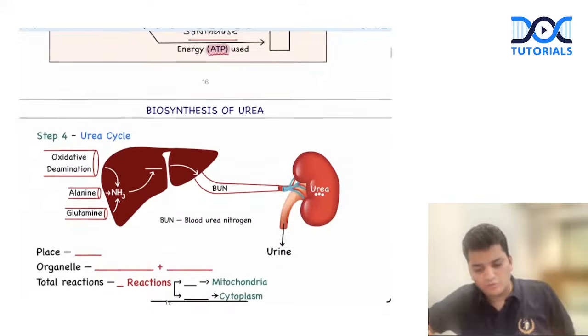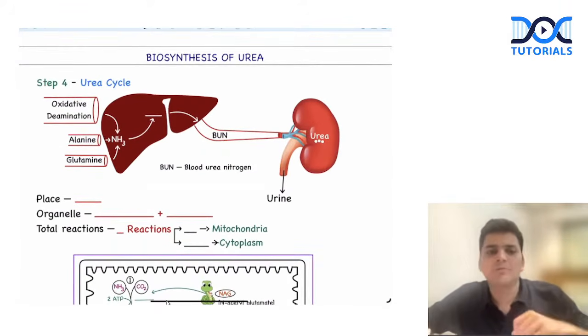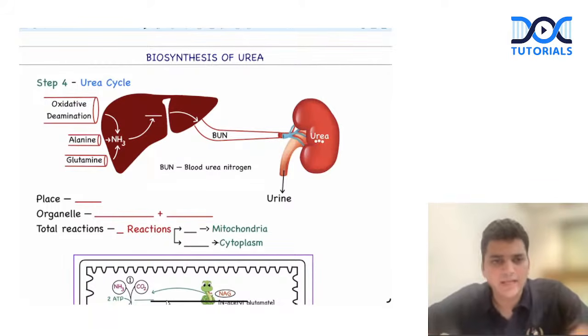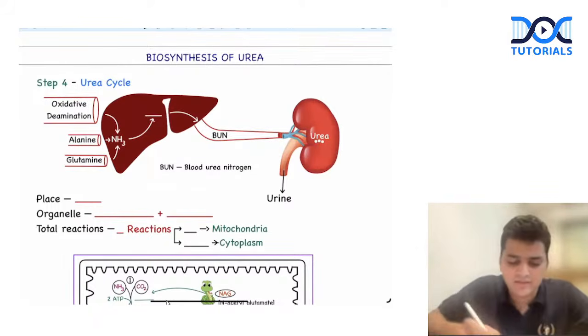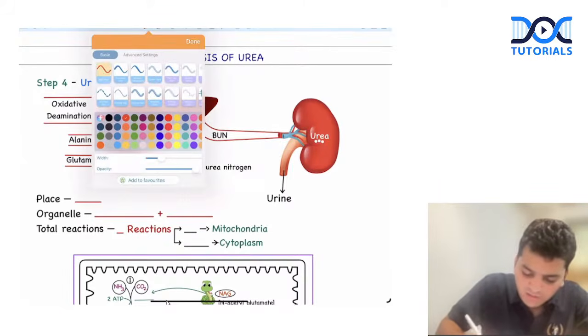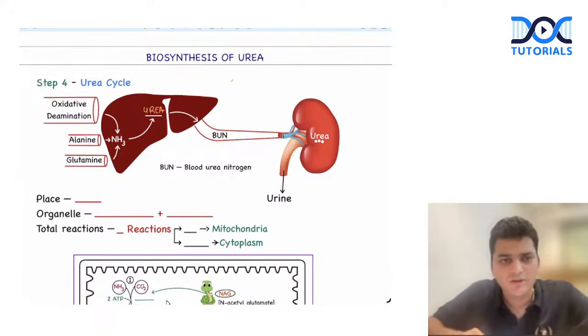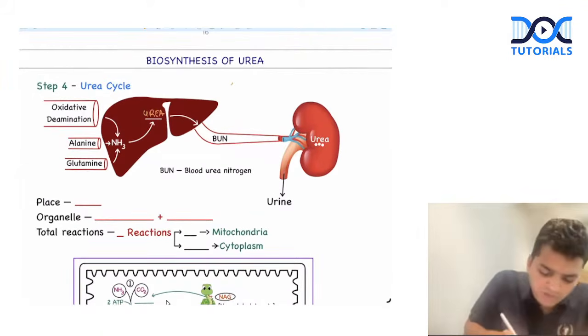So step number 4, and here is a question for you before we really go to it. Step number 4 is very simple: we convert the ammonia into urea. But the question is, what are the sources of ammonia you are having for your liver? One is the oxidative deamination of which amino acid?